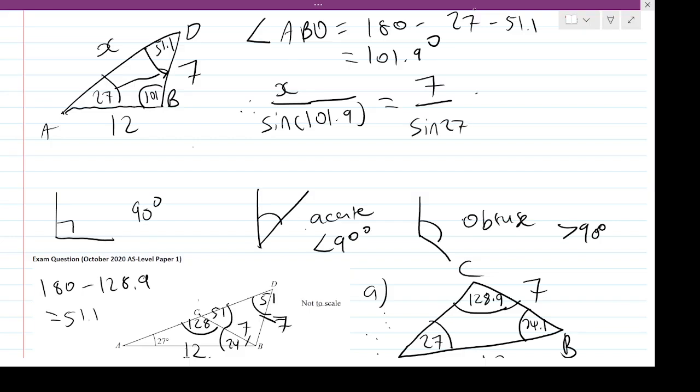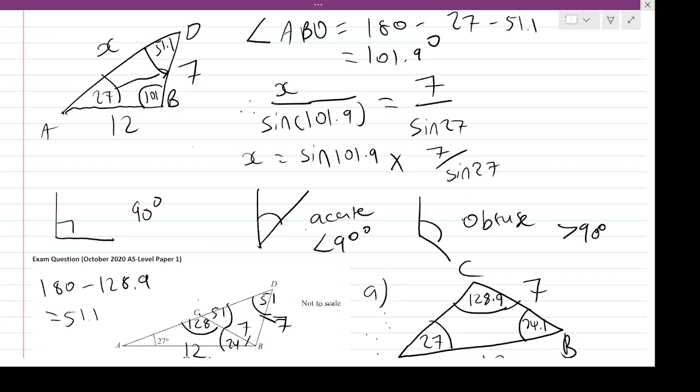So then I can therefore say that x is going to be, I'll do it down here actually, I have a lot of room. So x is going to be sine of 101.9 times 7 over sine 27.